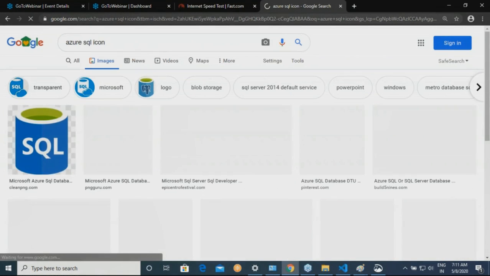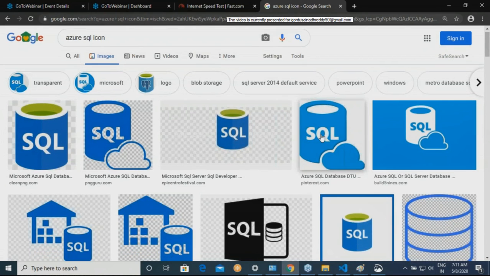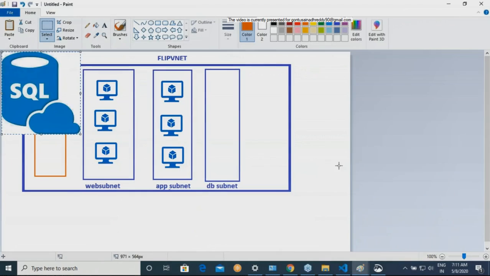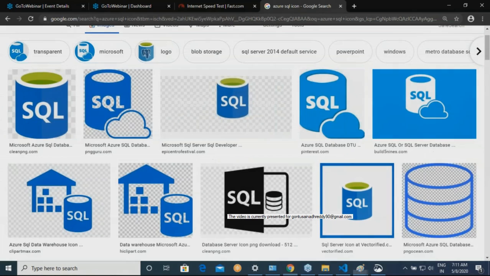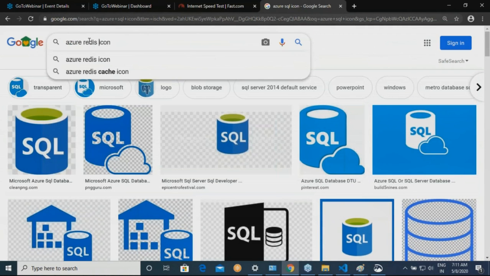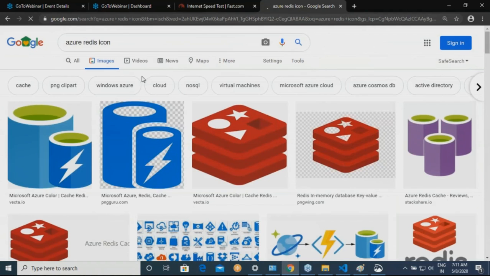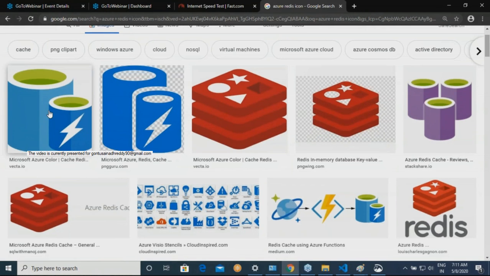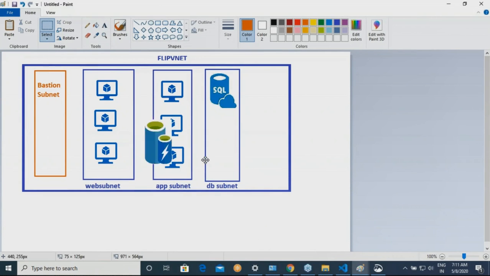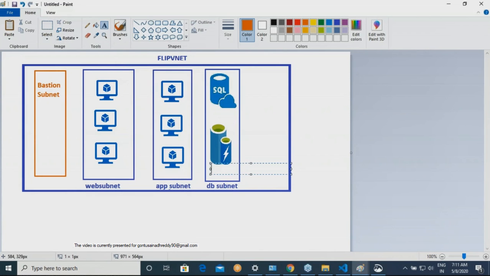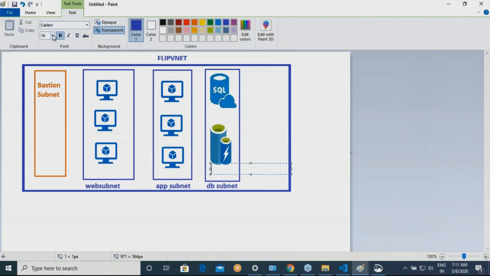Azure SQL. And this I'll write. Let me give a name.